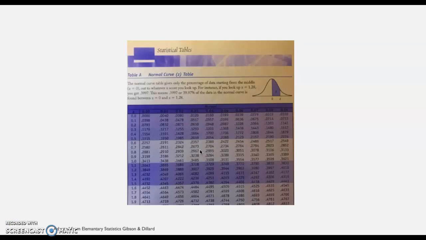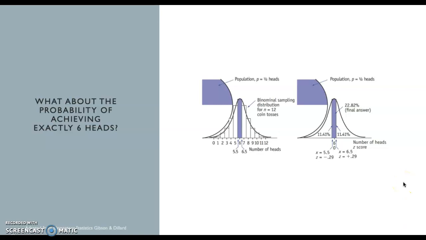After I find the z-score, negative 0.29, when you look at 0.2 and 0.09, where these two values intersect is 0.1141, which is the area between 0 and 0.29. So we see that the area between negative 0.29 and 0 is equal to 11.41%.